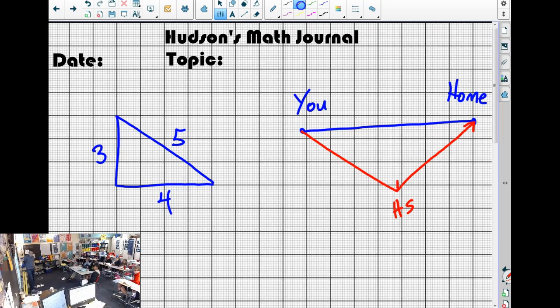Now, if I go to a closer location, let's say UDF maybe, and I go to UDF, and then I go home, is my green distance still longer? This brings up a rule about triangles.